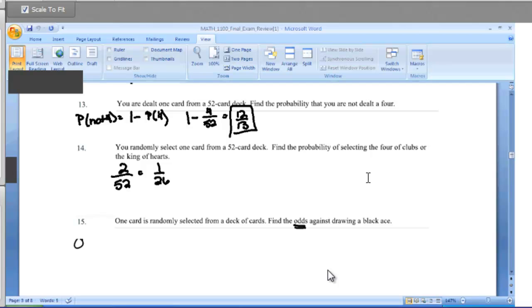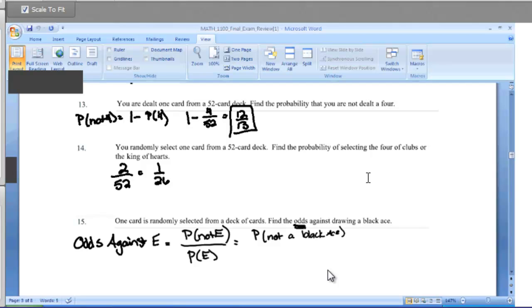So we need to know that the odds against something, we'll say against E, that's how your book references it, is the probability of it not being E over the probability of it being E. So in our instance, this is the probability of not a black ace over the probability of drawing a black ace.